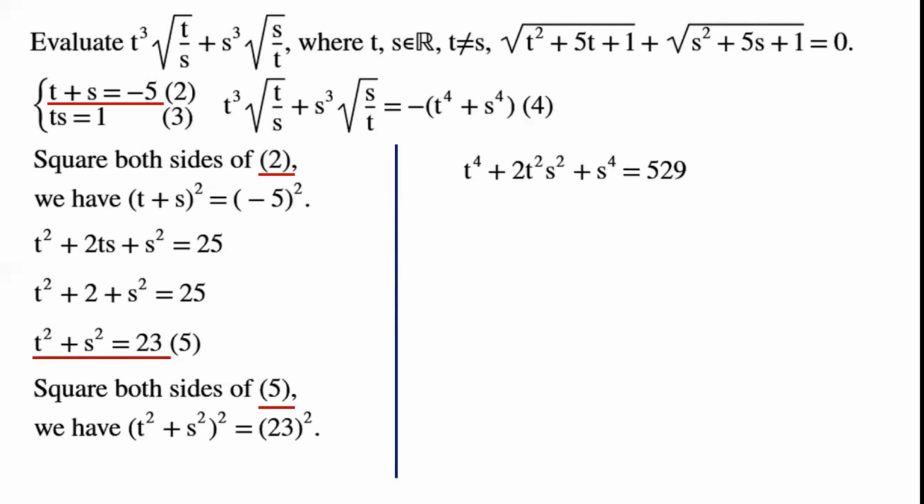T to the power of 4 plus 2t squared s squared plus s to the power of 4 equals 529. 2t squared s squared can be written as 2 times ts all squared.